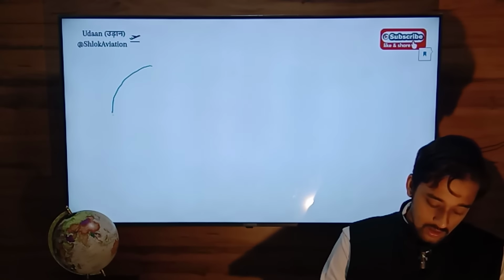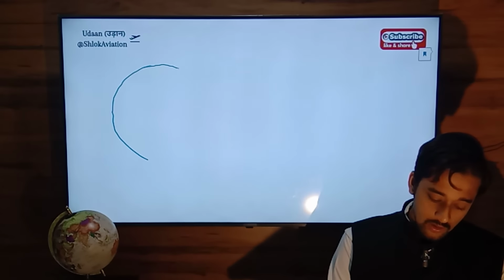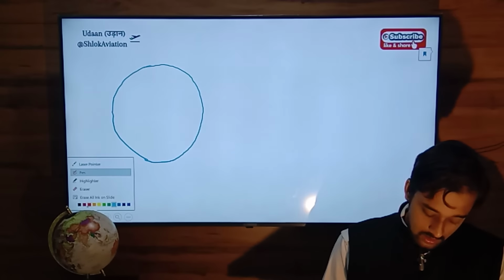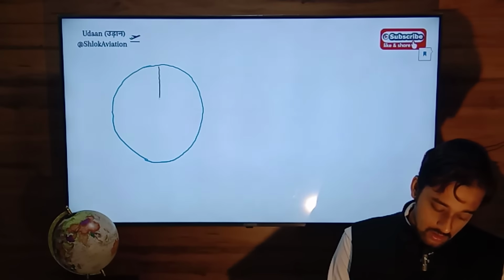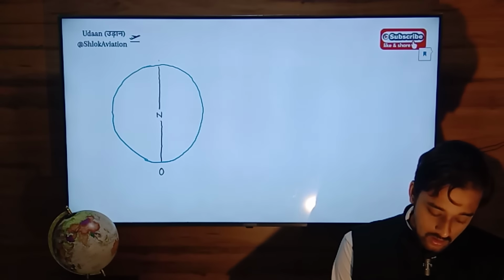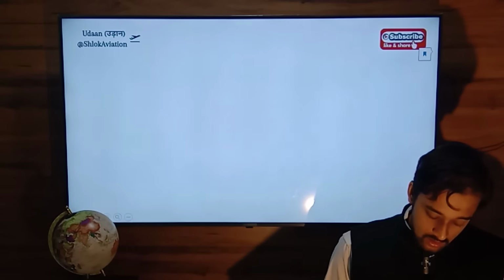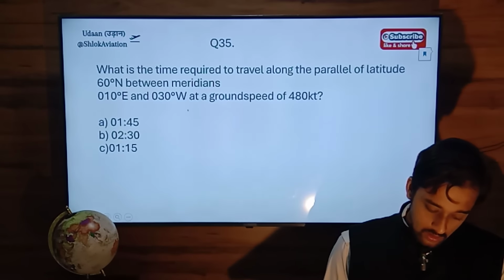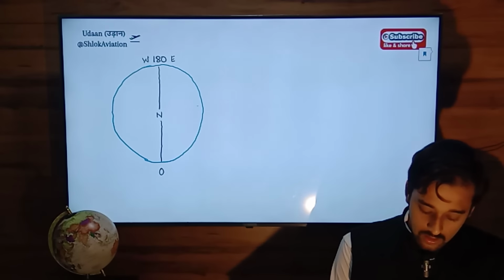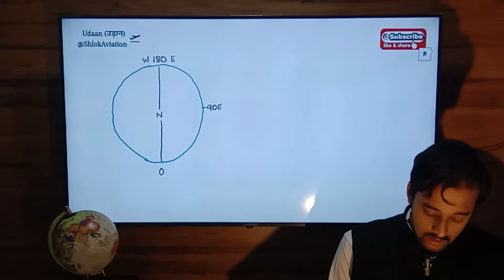So let's draw the diagram for longitudes. Initially, what longitude do we have?